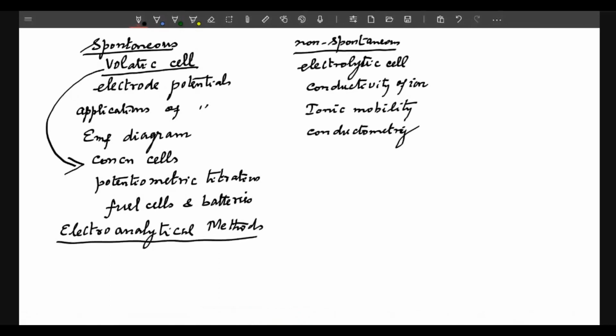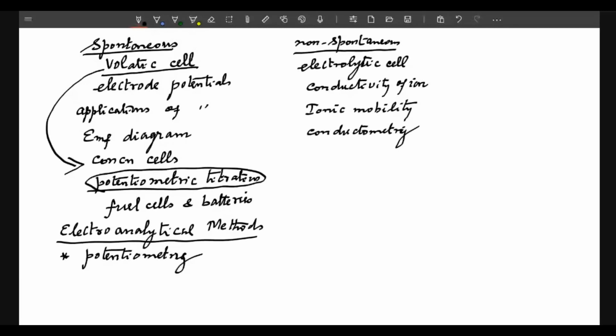Here, in some of them electricity is produced from energy, or we supply energy; both are combined. And what are the topics to be covered under this? Potentiometric titration, or potentiometry simply. We will see this application during our study under the spontaneous process.